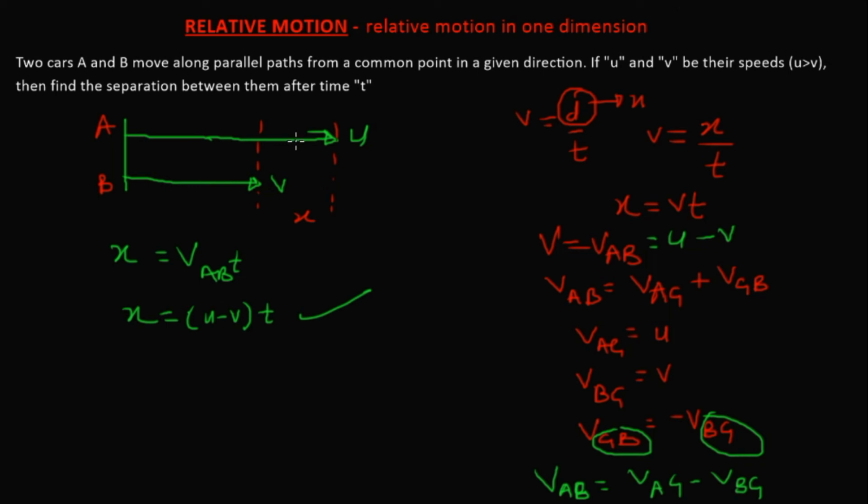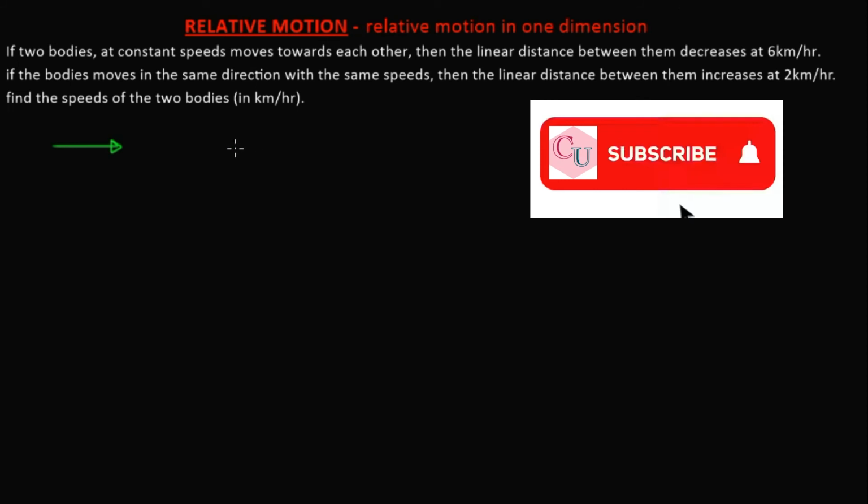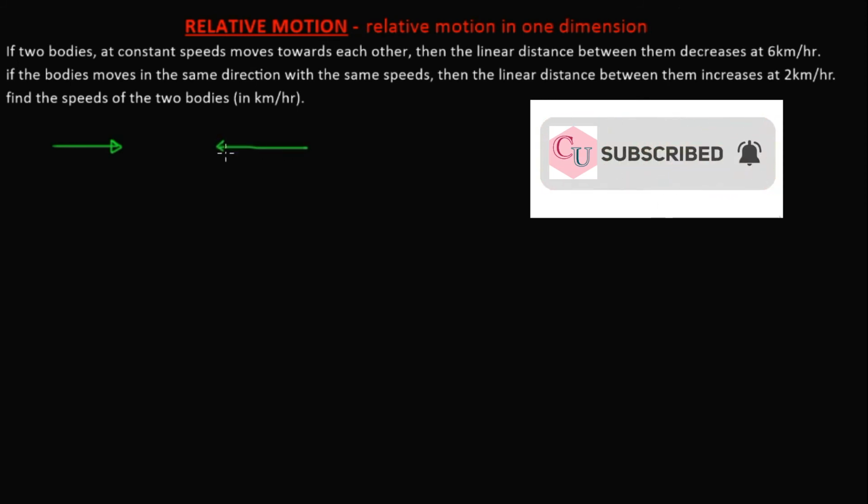Let's solve another practice problem. Don't skip around this video. Alright, so if two bodies at constant speeds move towards each other, the distance between them decreases. The scenario should be something of this nature.